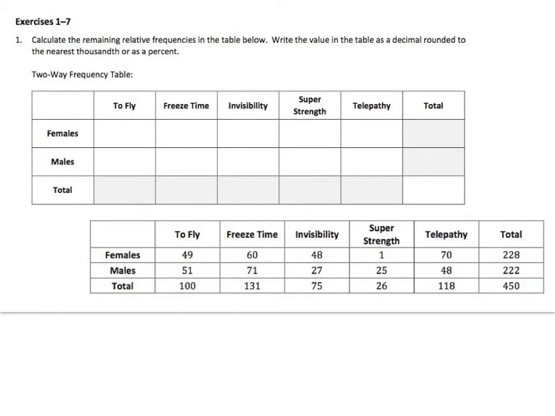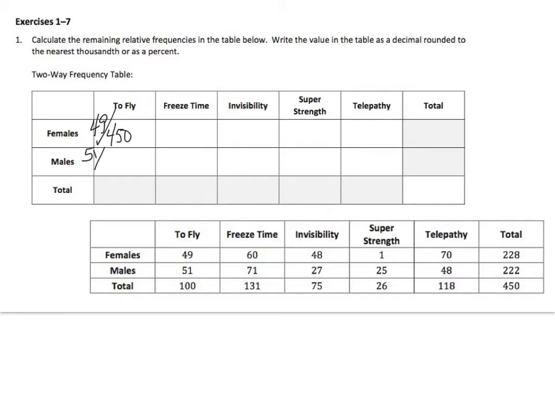Write the value in the table as a decimal rounded to the nearest thousandth, or as a percent. So we're going to take each one of those frequencies and do some division.